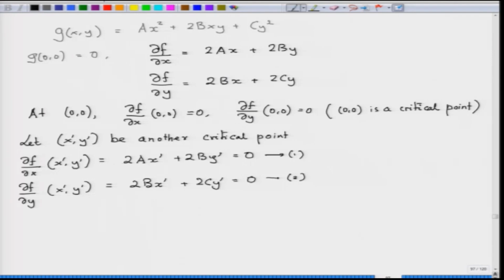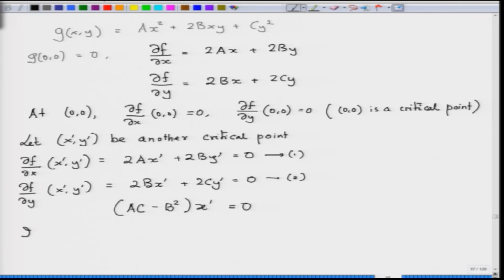So, multiply equation 1 by c and equation 2 by b and subtract them to get an equation of the form (ac minus b square) x dash is 0. So, you multiply the first equation with c and the second equation with b and then subtract. So, you will get this condition.